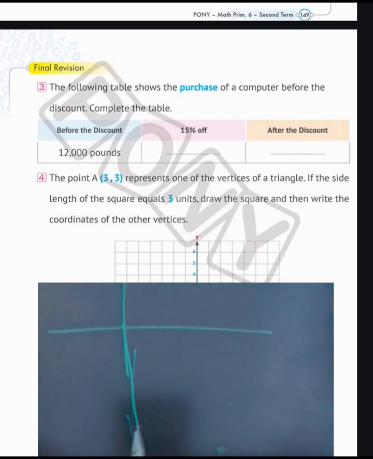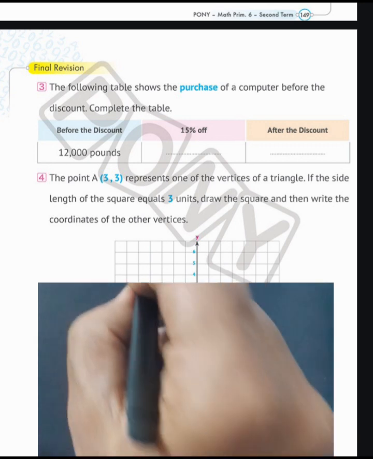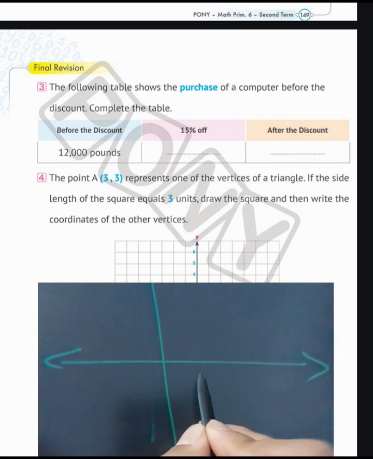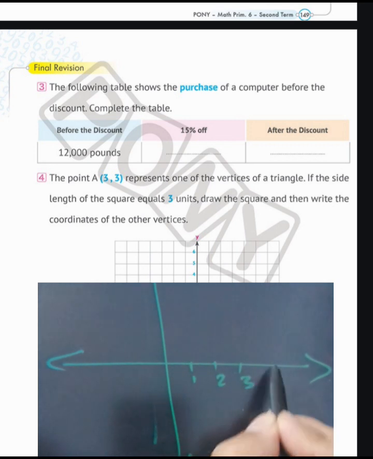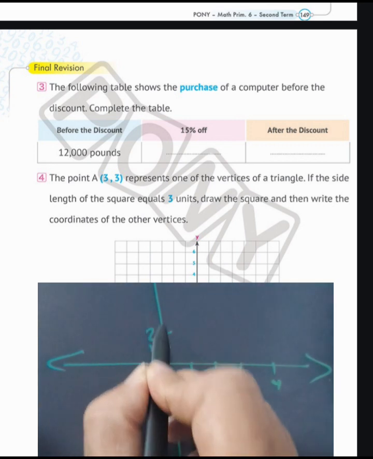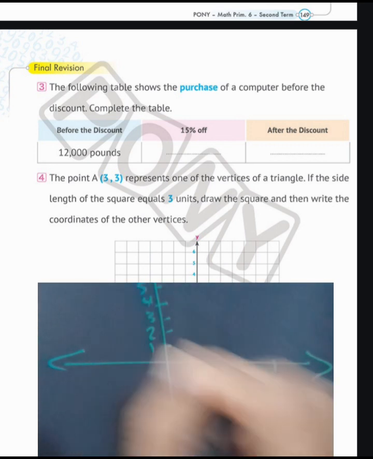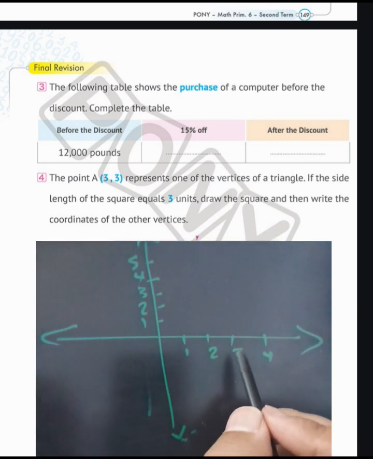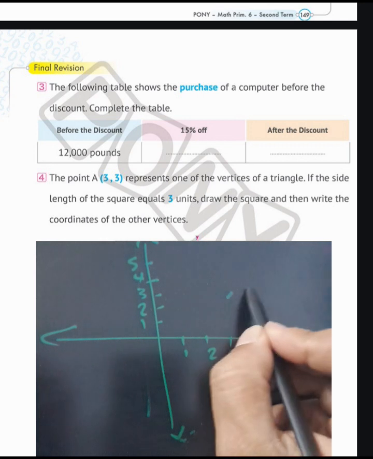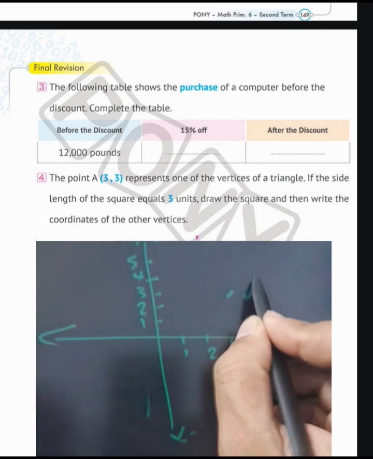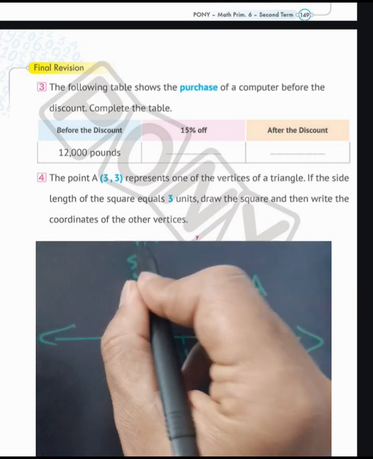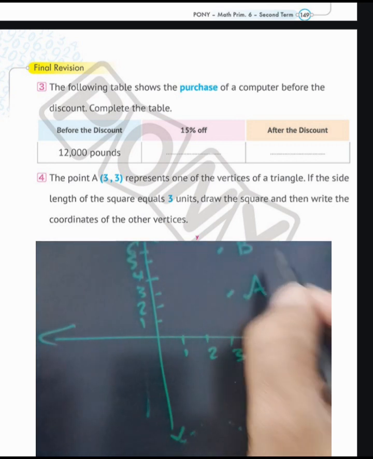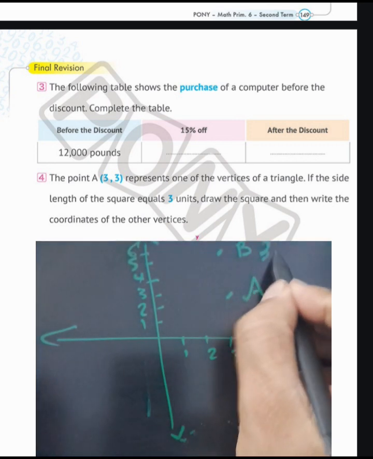We have a square, and we know in a square all sides are equal in length. The first point was (3, 3), point A. Point B, count 3 going up to 6. It will be (3, 6).